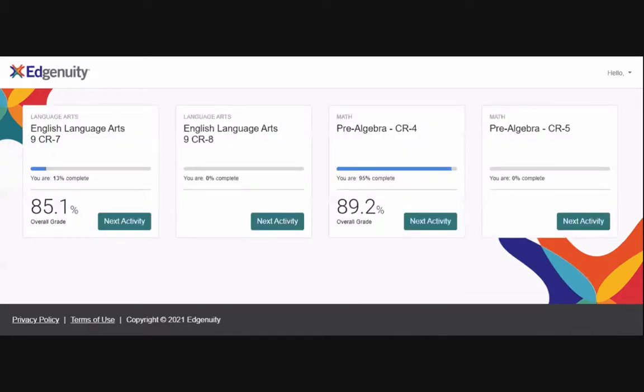Yeah, it should bring me back to that one. It didn't log me out. Should have logged me out. Yeah, that's weird. It's always around this time, either 9 or 8:30.